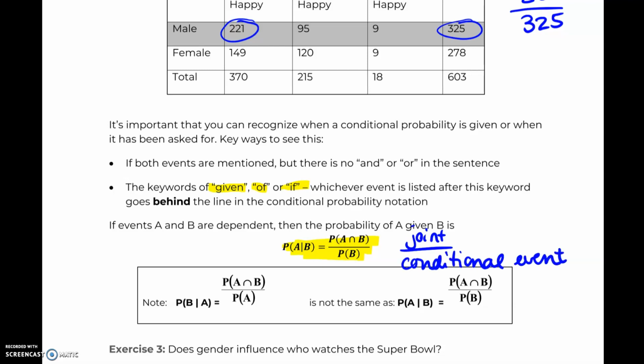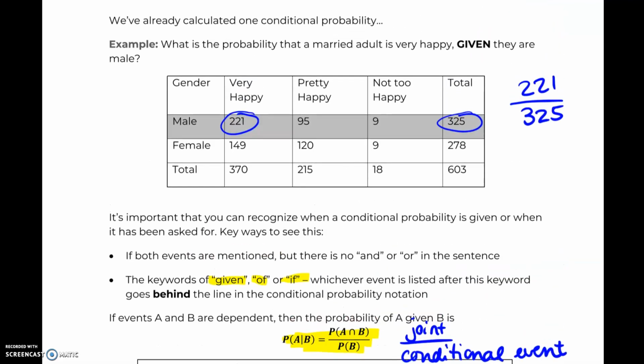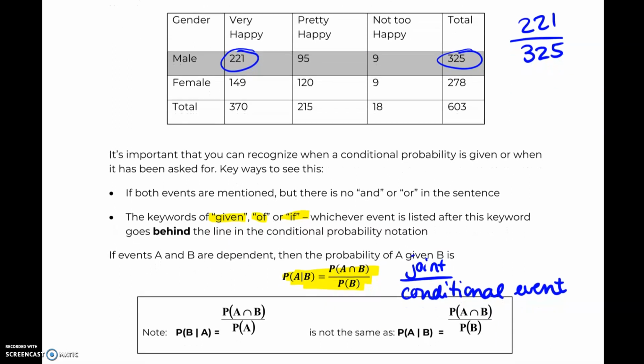So look up here, the probability of A and B, that would be male and very happy, divided by the grand total of our conditional event. So it's 221 divided by 325. That is the general formula.